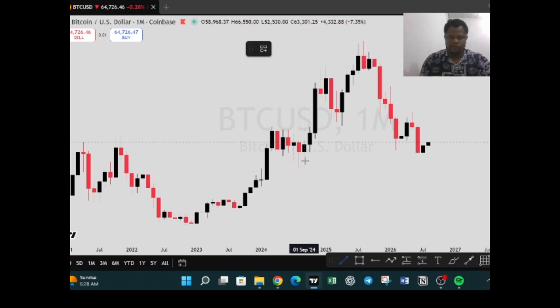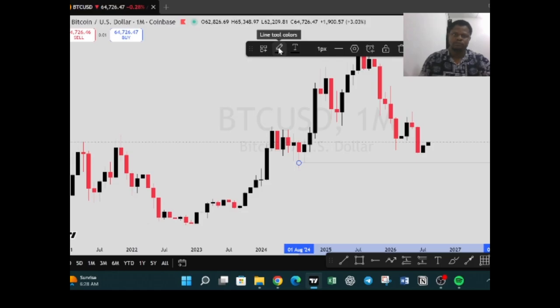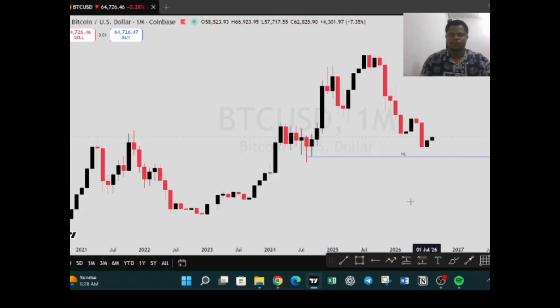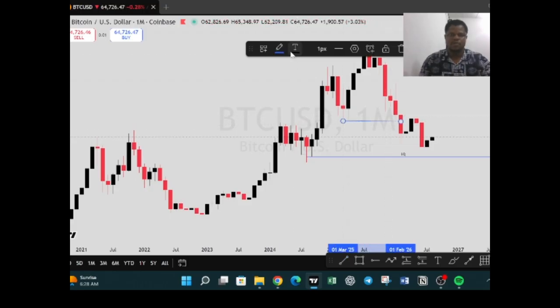And we have built liquidity below this low. What else we can see is that we have gotten this break of structure to the downside, meaning that these sellers are induced.